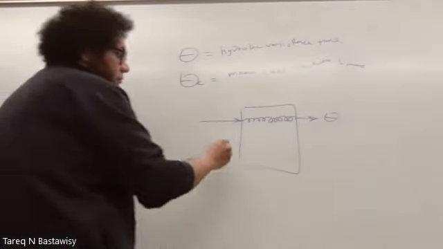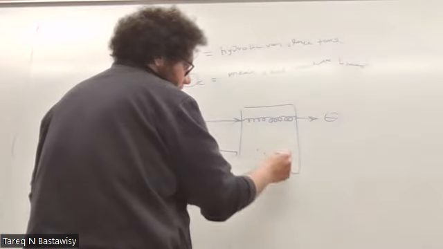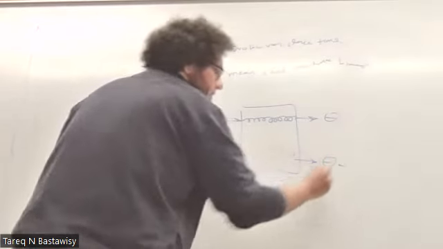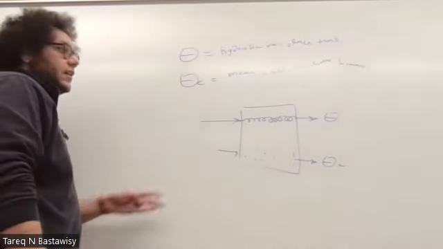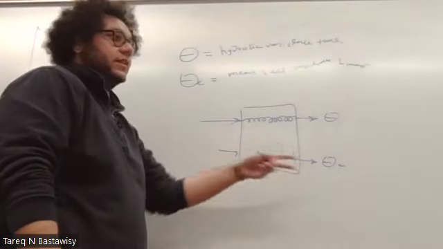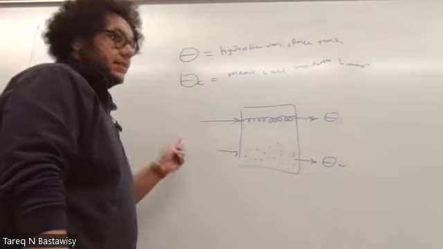If you have biosolids in the solution, the average time it takes for those particles to get out of the reactor is the mean cell residence time. This is the difference between theta and theta C.